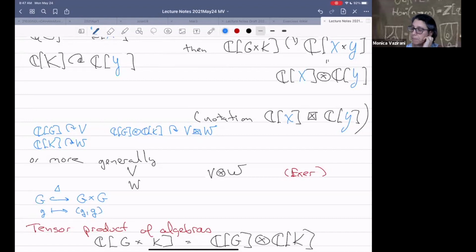And in this way, if V and W are both representations of G, then G cross G acts on the square tensor V W, but G, via this diagonal map delta, just acts on V round tensor W. And that's my notation. You might not see other people using that notation.